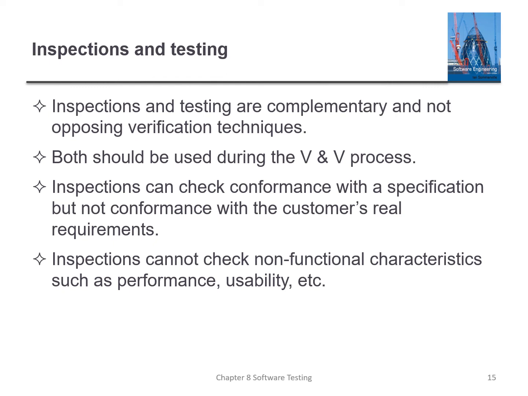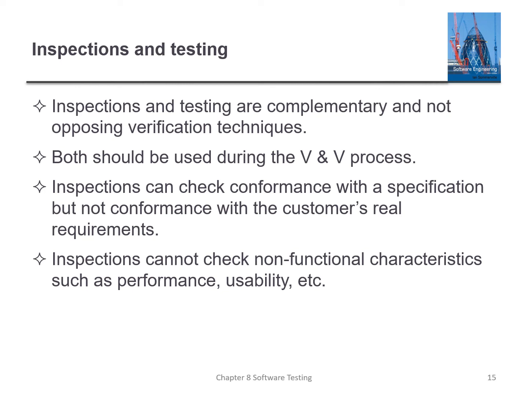As I mentioned just now, inspection can check conformance with a specification. But inspection does not check conformance with the customer's real requirement. When I say real requirement, that is related to validation, and inspection is a verification method. Inspection also cannot check all non-functional requirements.